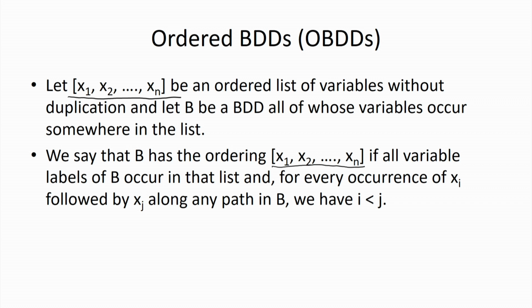Now, what it says, if I am having these non-terminal nodes, and this is the ordering x 1 to x n, if it is your x 1, this is your x 3, this is your x 5, x 4, then x 5, like that. So, we can have something like that.